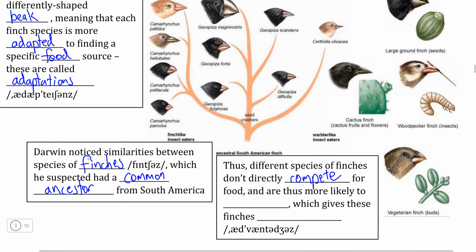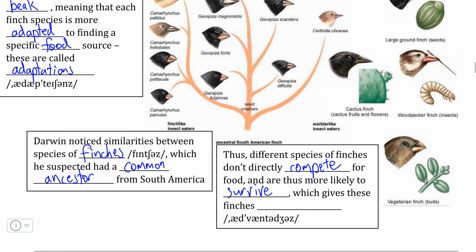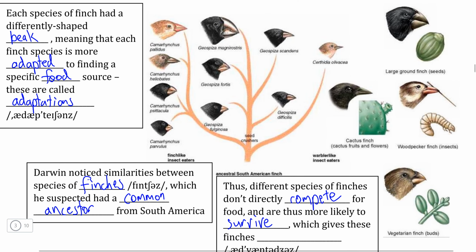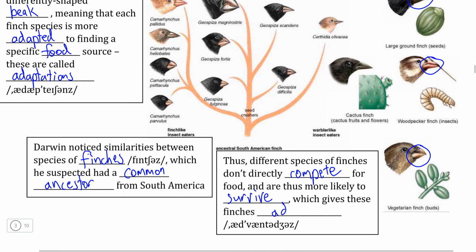And therefore, without this competition, each individual population is more likely to be able to find food and therefore survive, thereby giving the specific population of finch with the most ideal beak suited towards finding a specific food source an advantage over other populations that were less well adapted in order to compete for this specific food source.